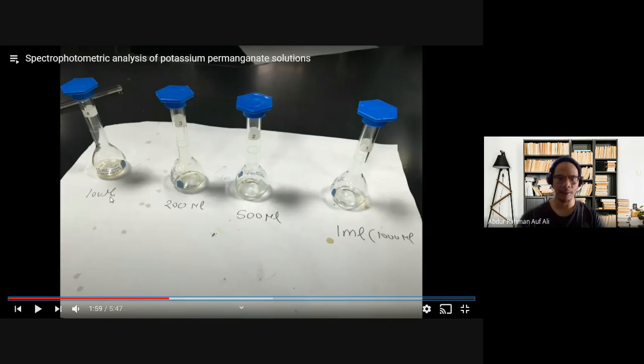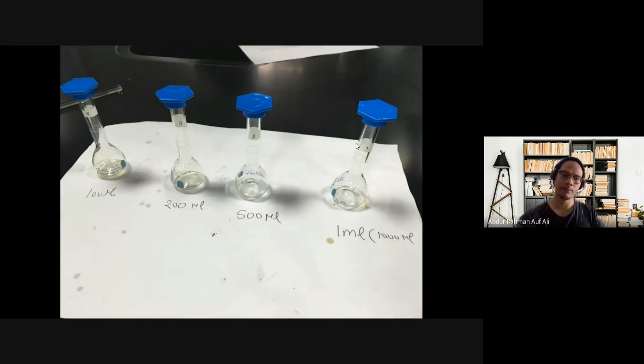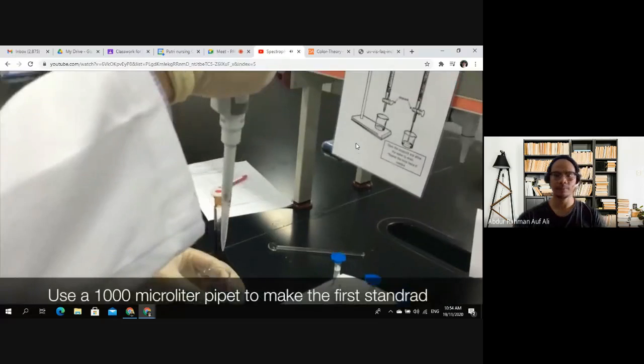This unit is microliter: 100 microliter, 200 microliter, 500 microliter, and 1 milliliter. So this is the most dilute concentration. This one is a bit higher, this one higher still, this one the highest. Okay, so after that he will do it like the procedure earlier, measuring one by one.